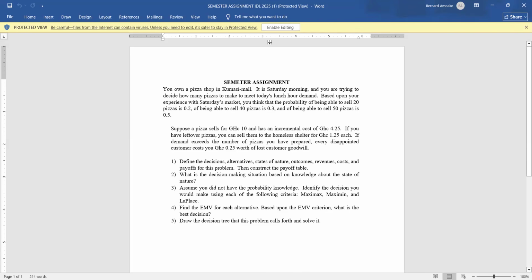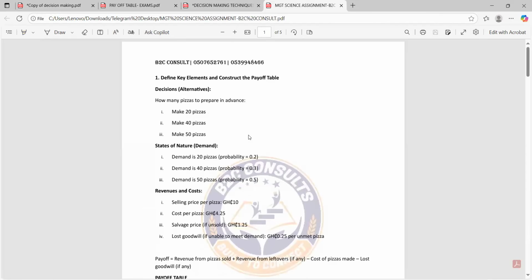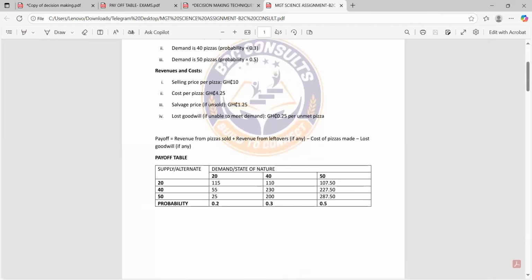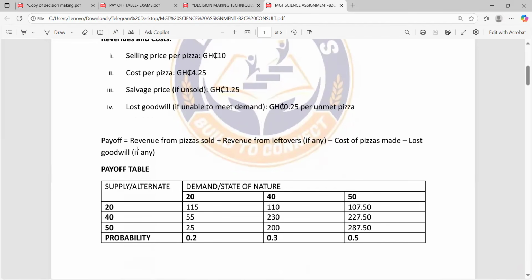So you look at the formula that was propounded according to this type of question. The payoff is the revenue from the pizza sold plus the revenue from the leftovers, if any, less the cost of the pizzas made minus the loss of goodwill.